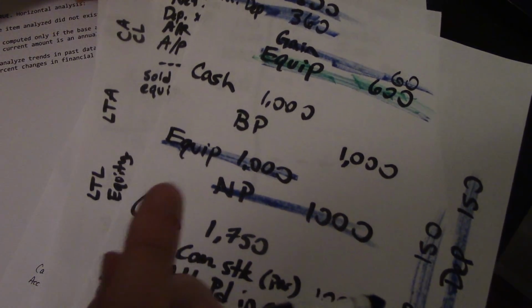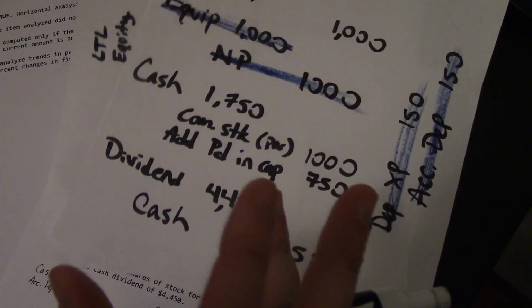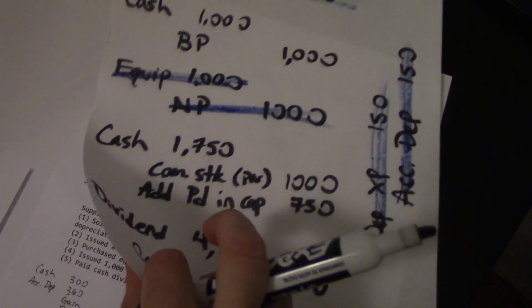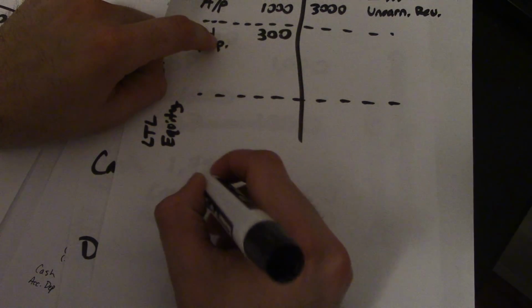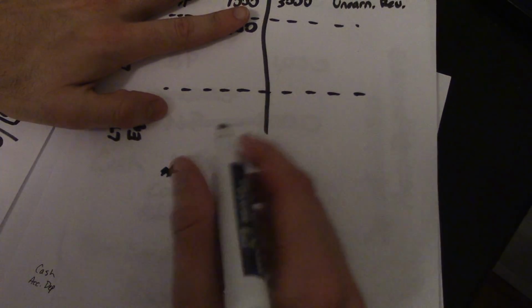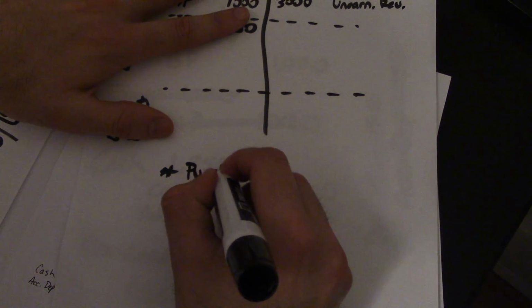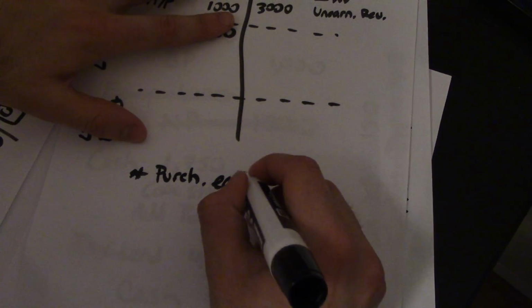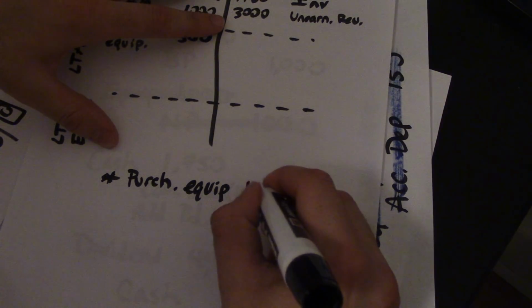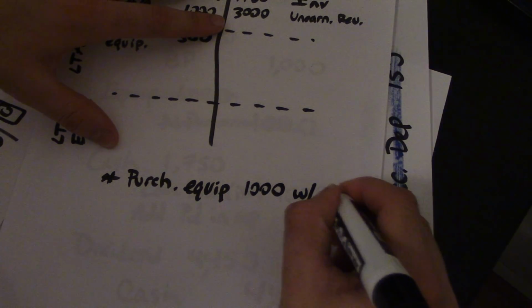What we actually do is make a little footnote at the very bottom and say something like purchased equipment for $1,000 with a note payable.